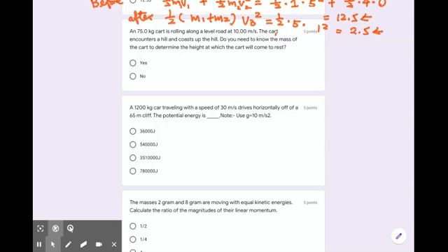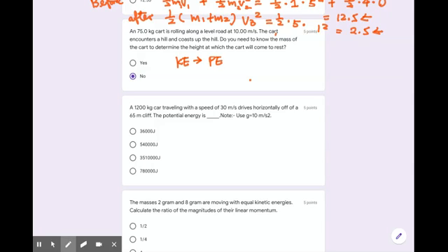It's because, remember, when the cart is moving up the hill and you determine the height, you're converting the kinetic energy all the way to potential energy.